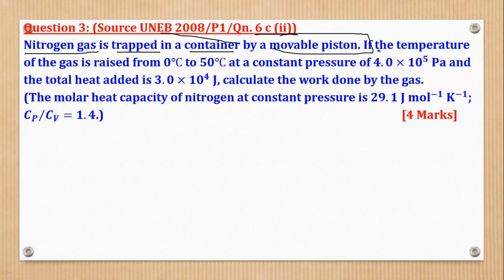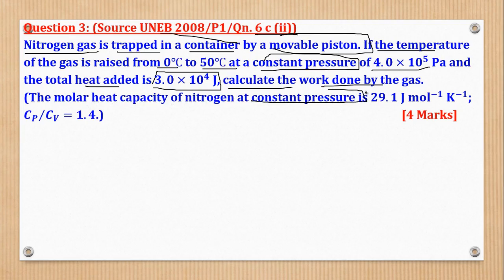If the temperature of the gas is raised from 0 degrees Celsius to 50 degrees Celsius at constant pressure of this, and the total heat added is this, calculate the work done by the gas. Then they give you the molar heat capacity of nitrogen at constant pressure. So Cp is 29.1. Then also the ratio of Cp over Cv is 1.4.